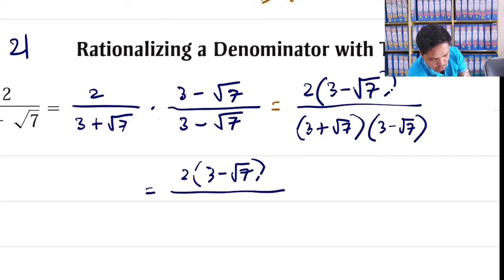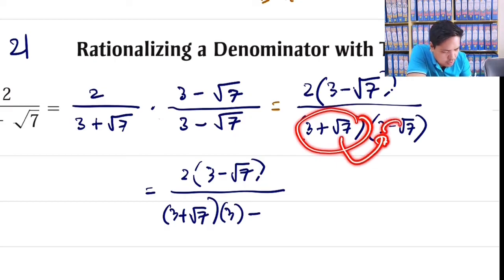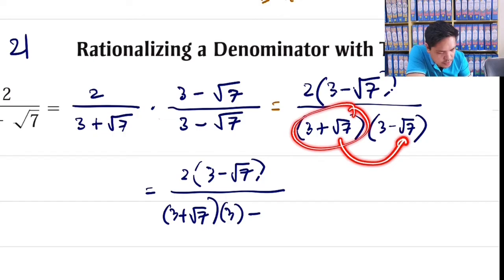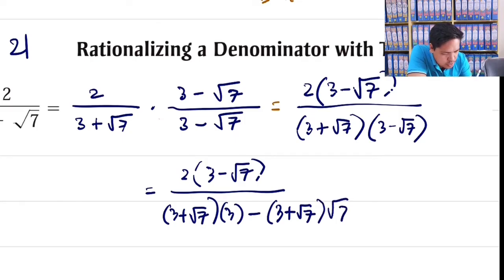So that would be 3 plus square root of 7 times 3, minus this times this. So that would be 3 plus square root of 7 times square root of 7.